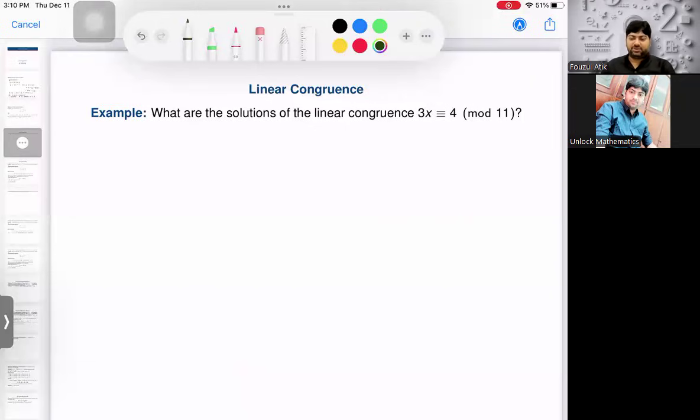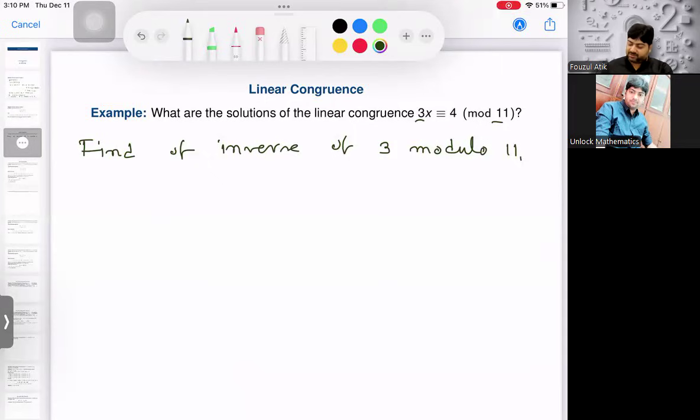Our first job is to find the inverse of 3 modulo 11, because 3 and 11 have GCD 1, so you can always get a solution of it. First find the inverse of 3 modulo 11. But how to do that? We have done it in the previous problem.